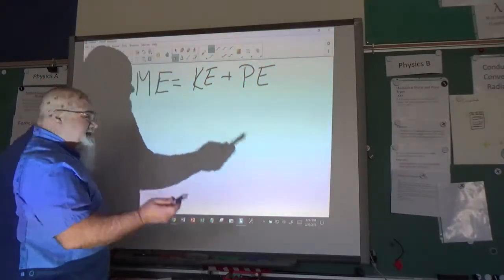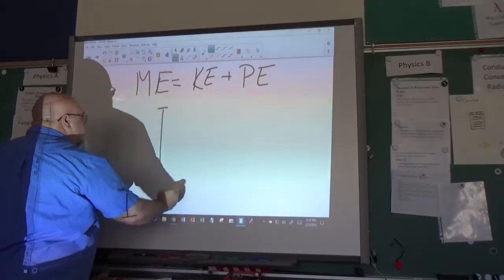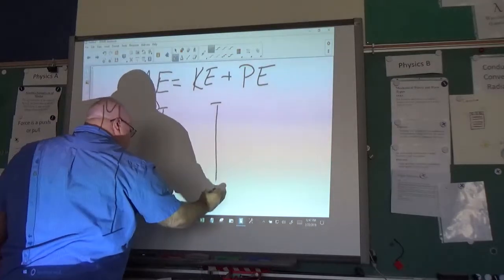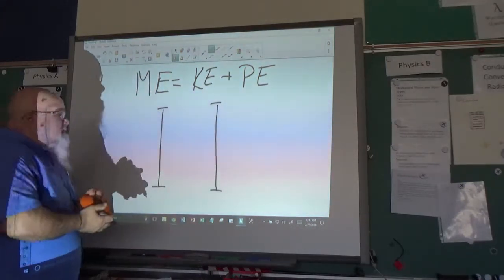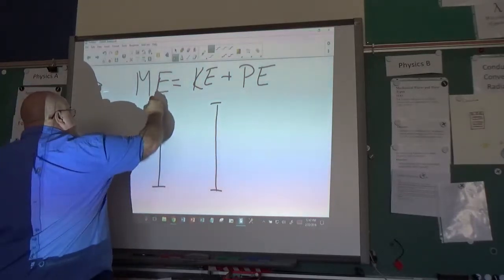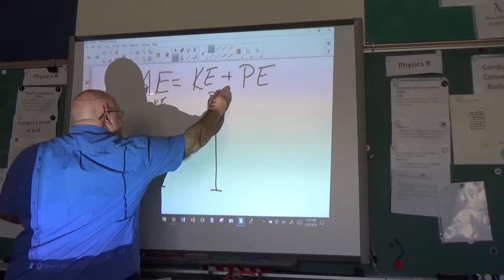What this means is, let's say I have a system. Let's say I have a hill. And this represents height. It doesn't matter how much height. And I can measure kinetic energy, and I can measure potential energy.